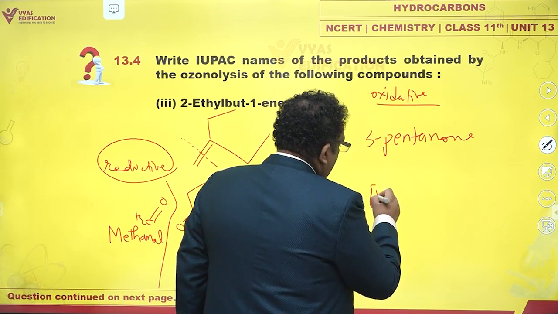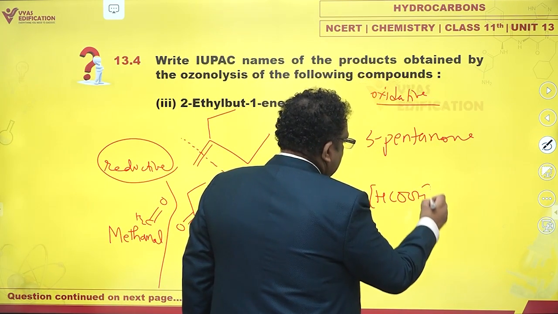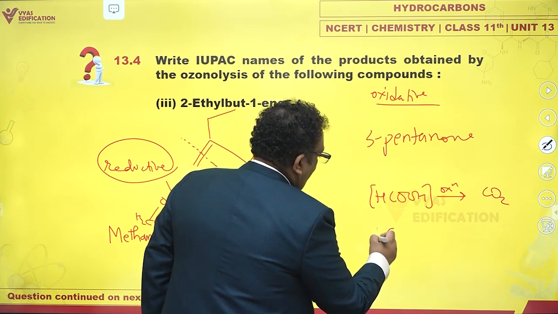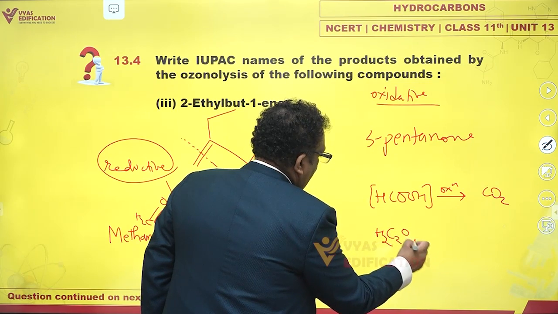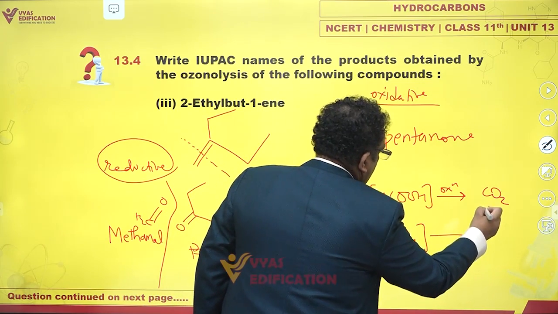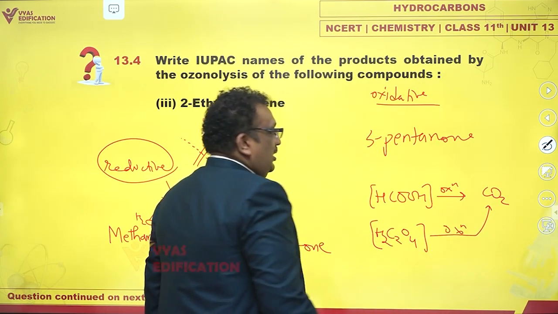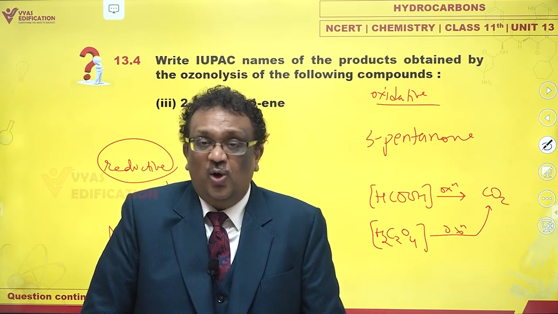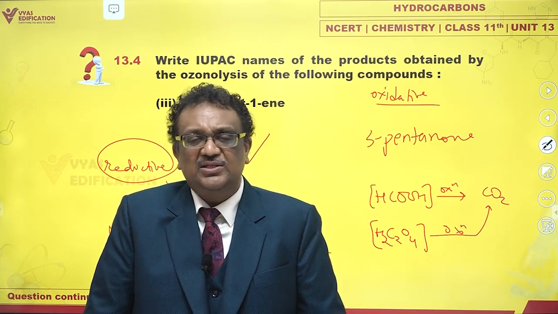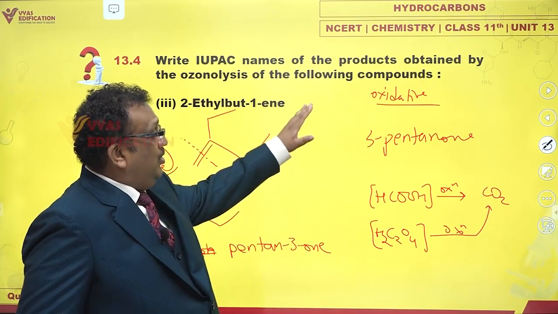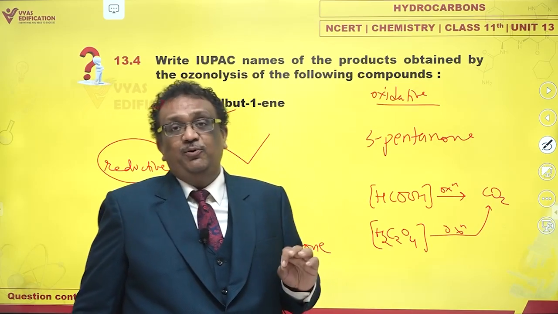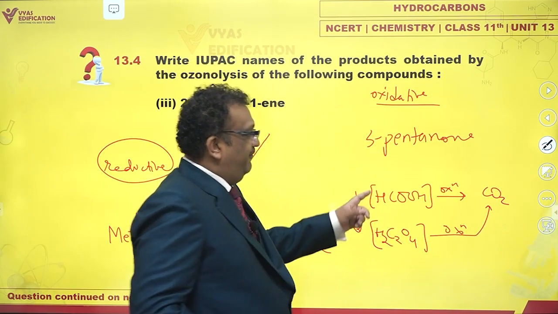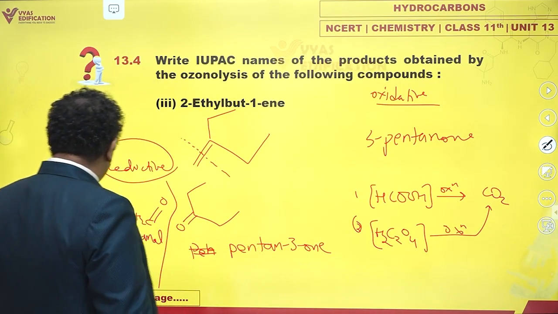HCOOH, formic acid, gets oxidized to carbon dioxide. And oxalic acid, H2C2O4, also gets oxidized. Normally acetic acid or ethanoic, propanoic, butanoic, all these acids stay very well as the products in oxidative ozonolysis, except two acids. Formic and oxalic acids are oxidized to CO2.